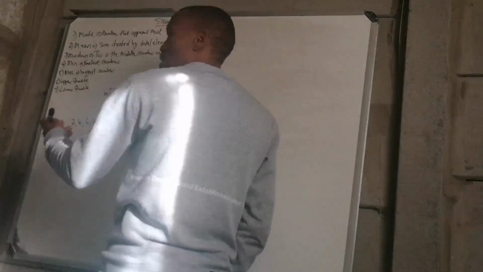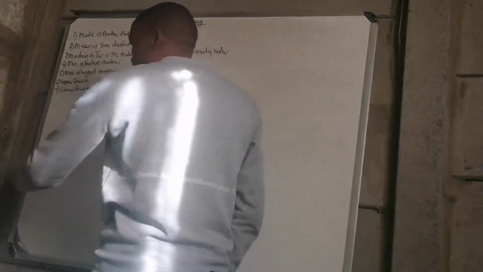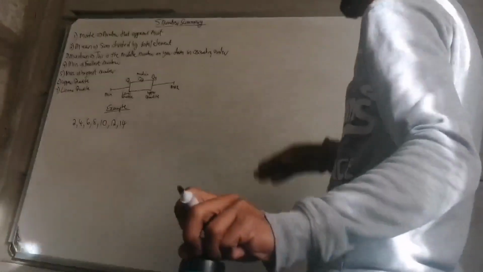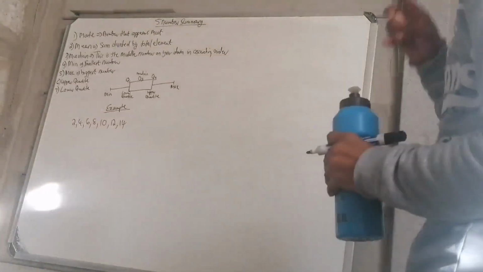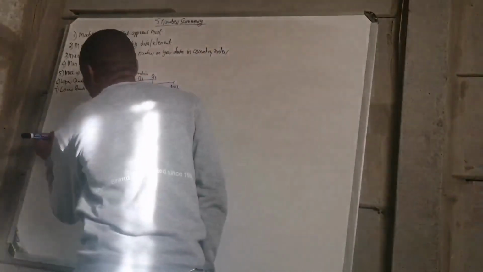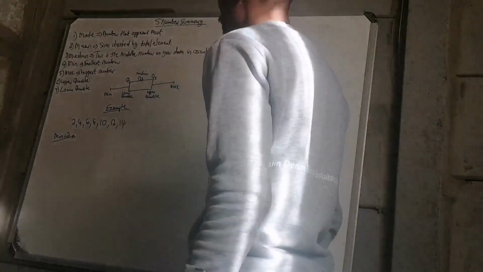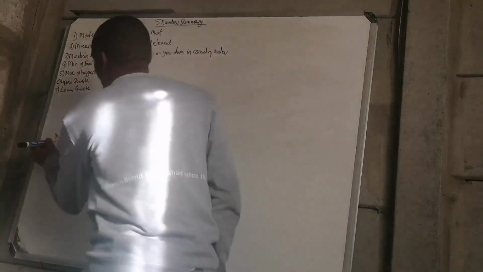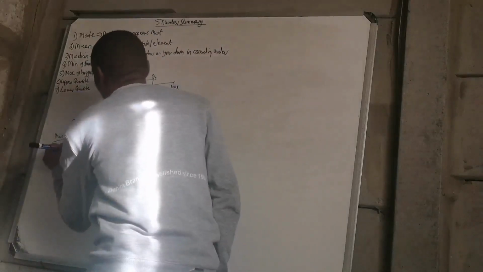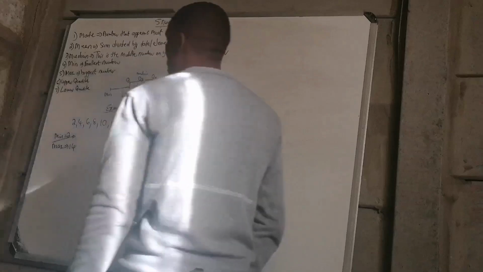You start first with the minimum. Because the data is written in increasing order, the minimum value is 2. And the maximum value is 14.